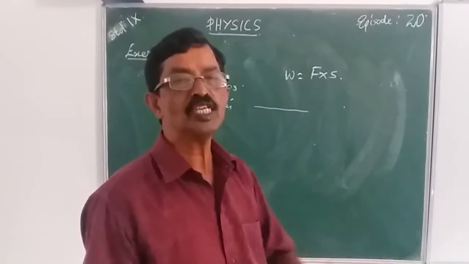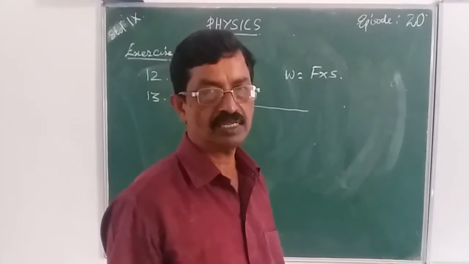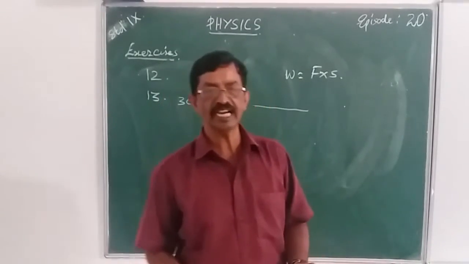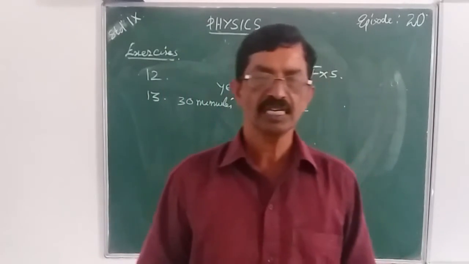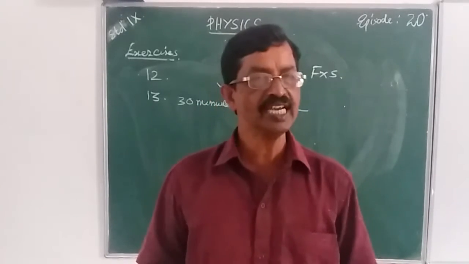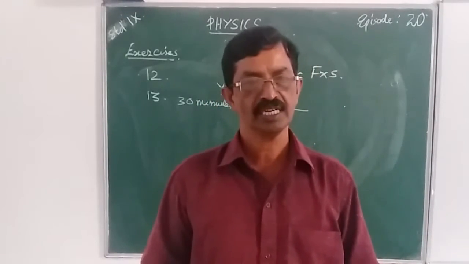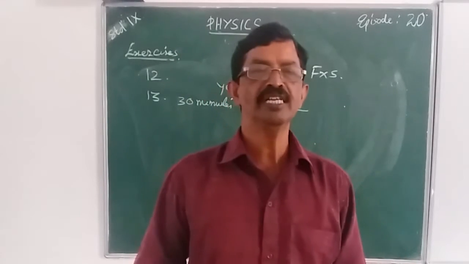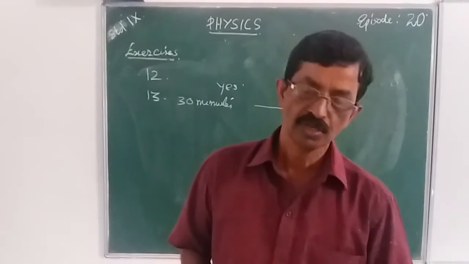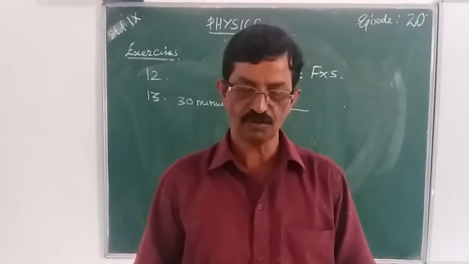So there is no work. Even though he becomes tired, there is no displacement. The force of gravity is acting vertically downward, but there is no displacement in this case. So work done is 0.